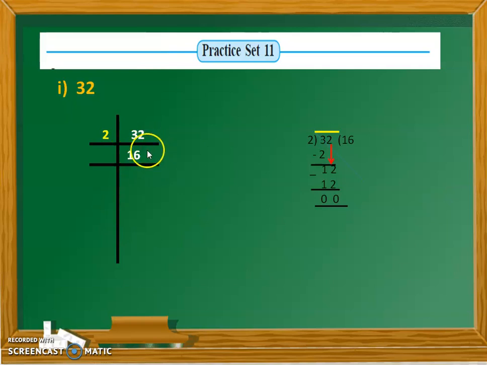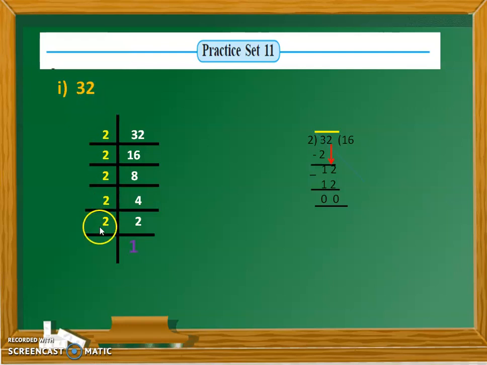Here again the 16 will get divided by 2 and the answer we get is 8. Again the same procedure and the answer we get is 4. Again the same procedure till we get the answer 1. So now what are the factors of this number?